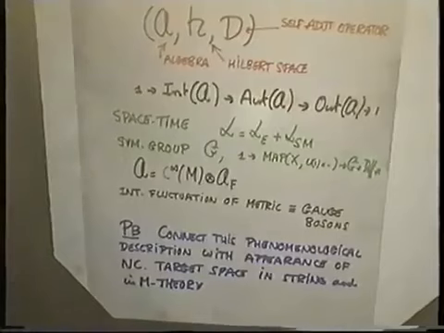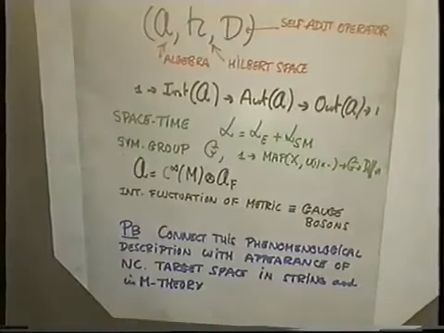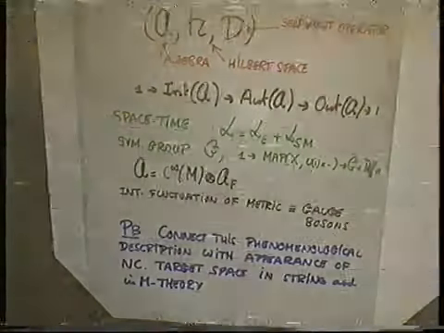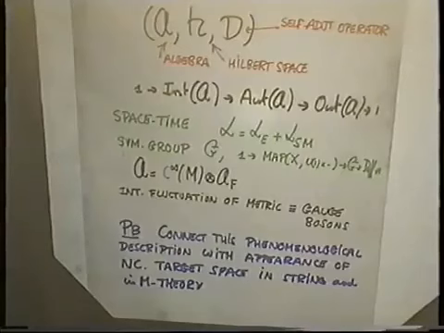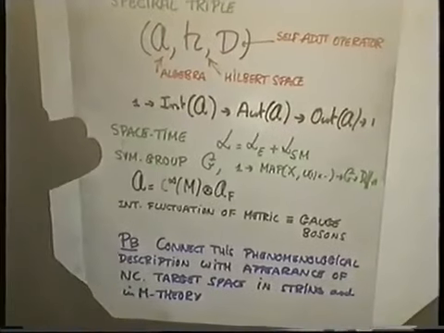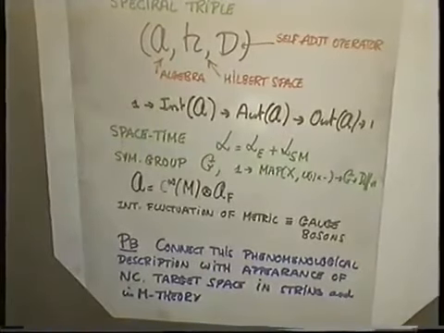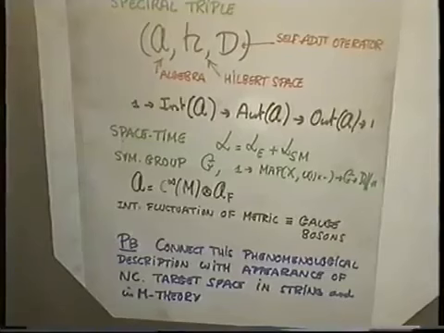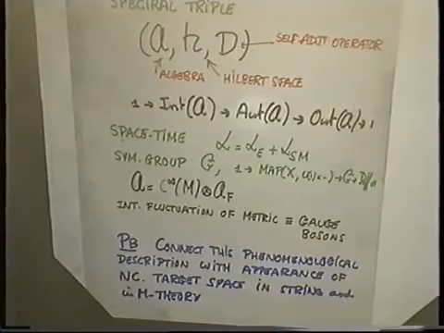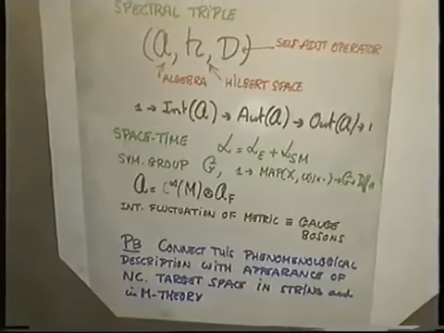So the problem I would like to formulate is this: connect this phenomenological description, which has all the defects of a phenomenology, with the appearance of non-commutative target space in string and in M theory, which I just mentioned and which is now completely validated. And one thing I want to mention before I leave this transparency is that this connection with physics was extremely useful in understanding a number of subtleties about the notion of manifold in non-commutative geometry.